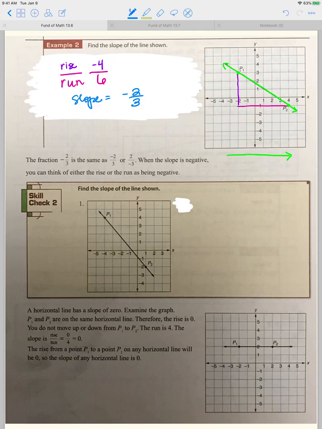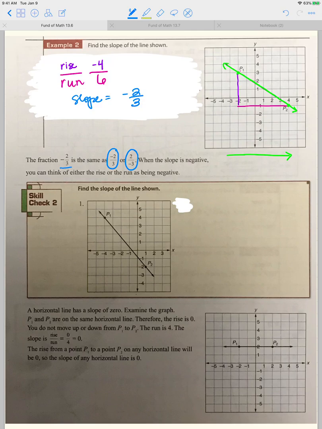So the slope of this line is negative 2 thirds, all right? Now, the fraction negative 2 thirds is the same as negative 2 over 3 or 2 over negative 3. When the slope is negative, you can think of either the rise or the run as being negative. One of them is going to be negative, the other is going to be positive, okay?